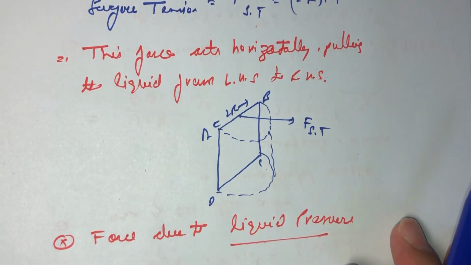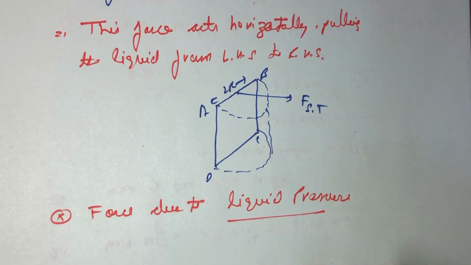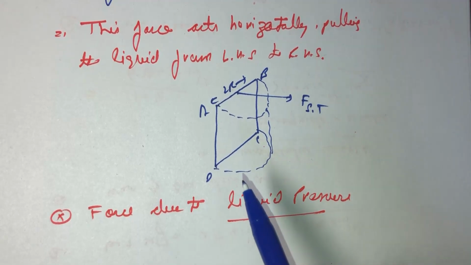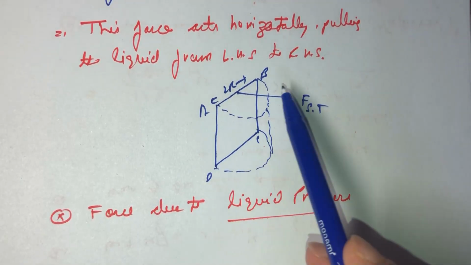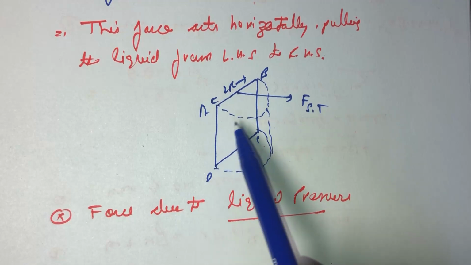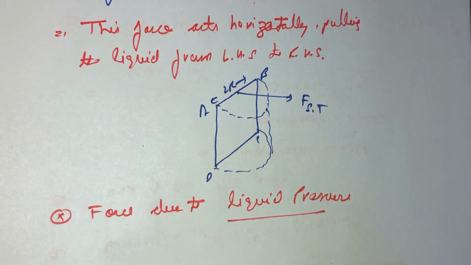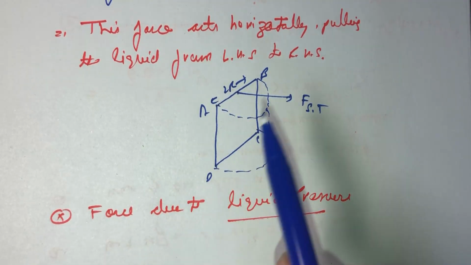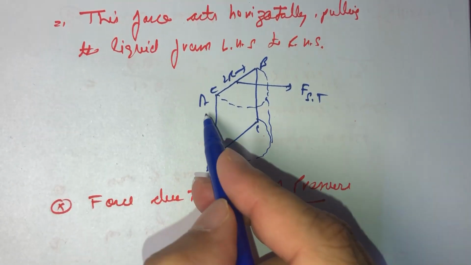So we are going to consider a small strip which is at a distance of x from AB, and find out what will be the pressure at that point, and then we are going to integrate for its entire height, and the height is given as h.